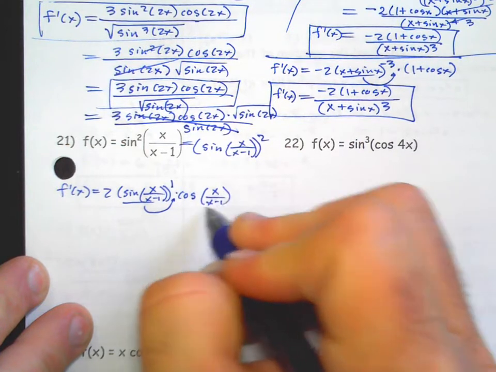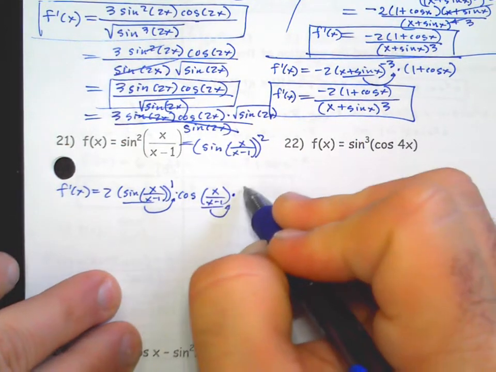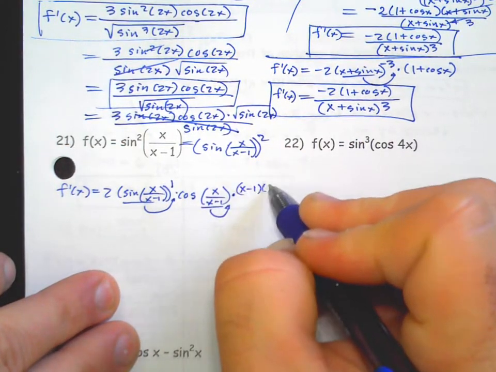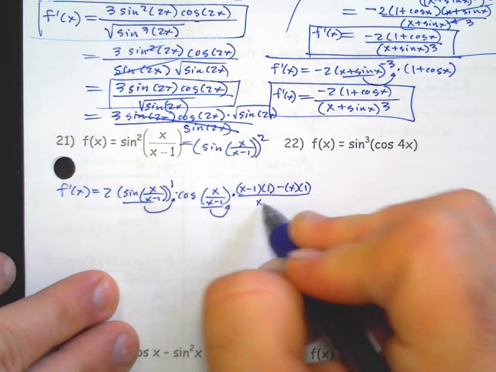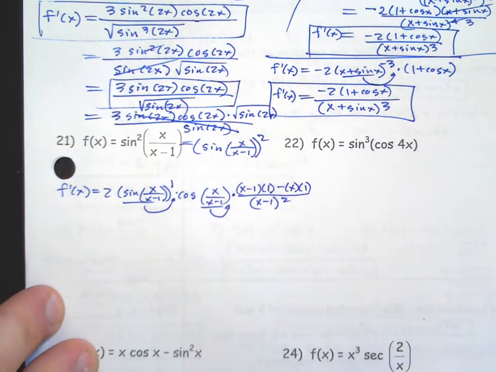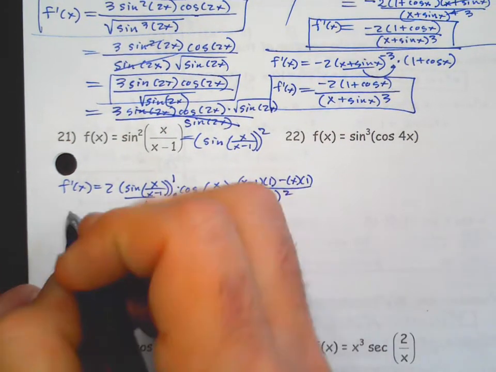And then we got to take derivative of what's inside that, and that's going to be quotient rule. Low d high minus high d low all over low squared. That was kind of crazy. Now let's clean it up.